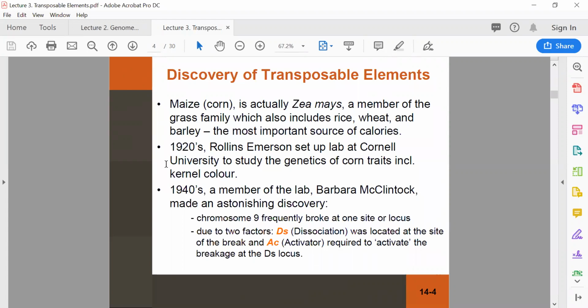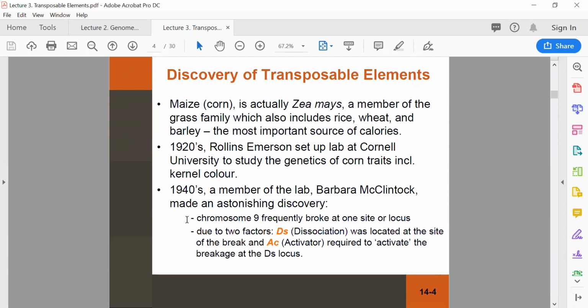That's called cytogenetics. Now, in the 1940s, a member of Emerson's lab, a young female geneticist called Barbara McClintock, made quite an astonishing discovery. What she noticed was that chromosome number 9 frequently broke at one site, and you know that a site on the chromosome is called a locus.